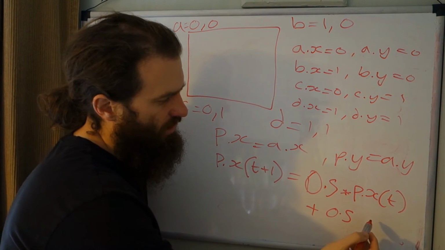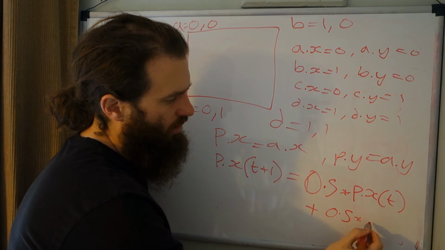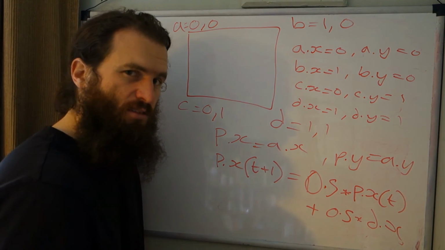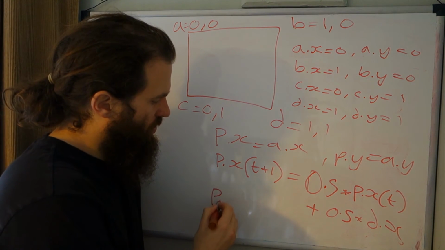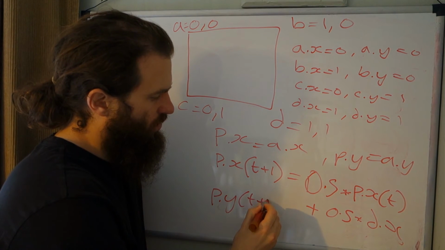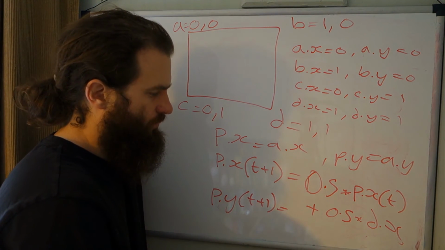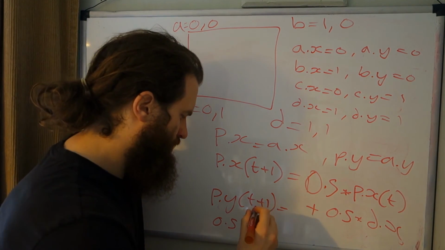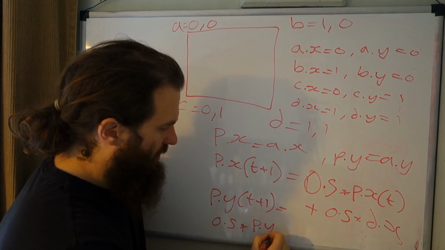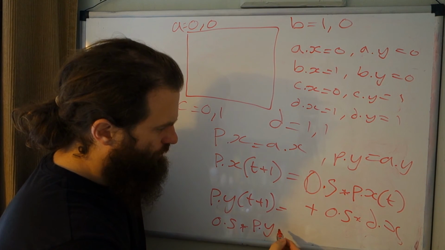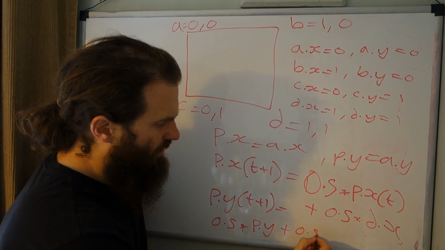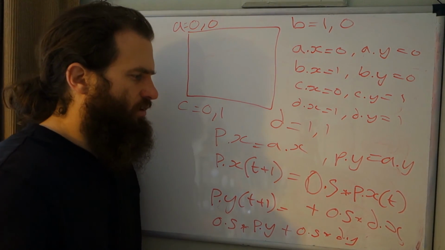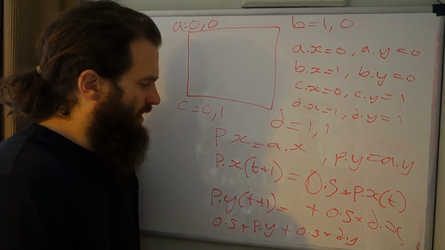So say we go to d, so half times d.x. Does that make sense? And then p.y at time t plus 1 equals a half times p.y, half of the original value, plus a half times d.y. So that's how you do it algebraically.